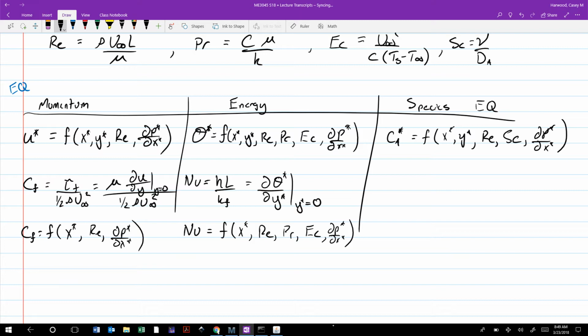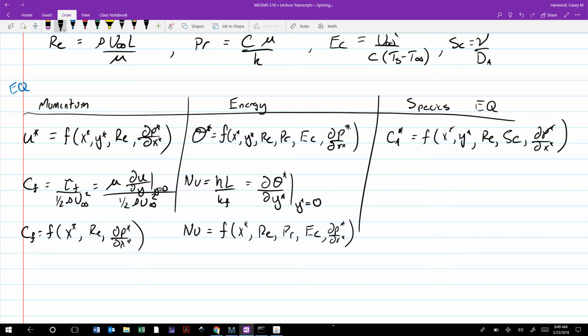So how do we describe the rate of species or concentration being transferred between a surface and a flow? For example, wind flowing over a river. How quickly is water vapor being dumped into the air by evaporation? That's analogous to the convective heat transfer rate, but it's the convective mass transfer rate.